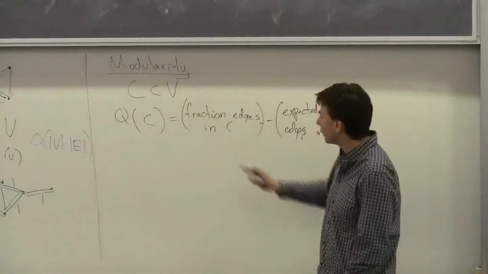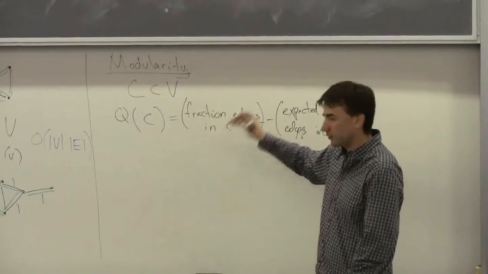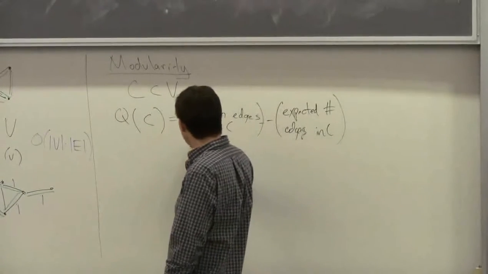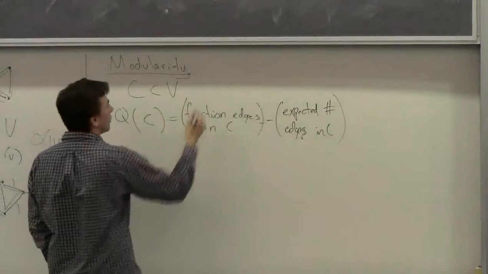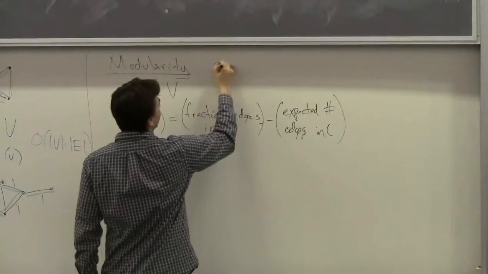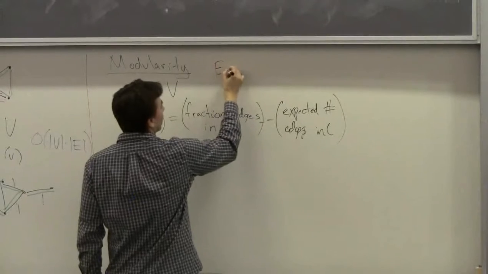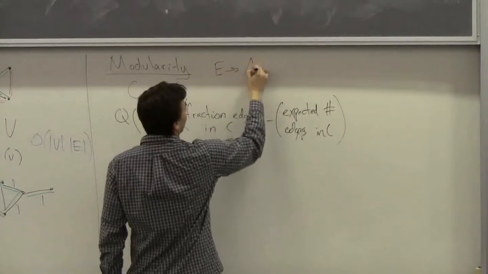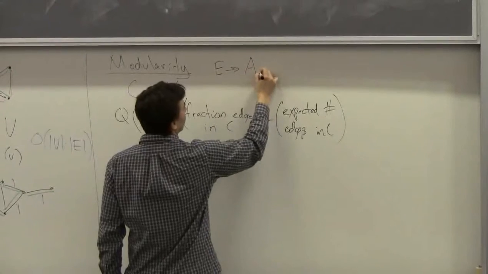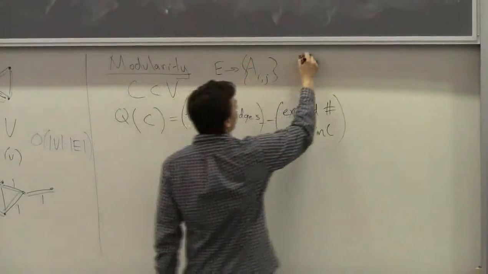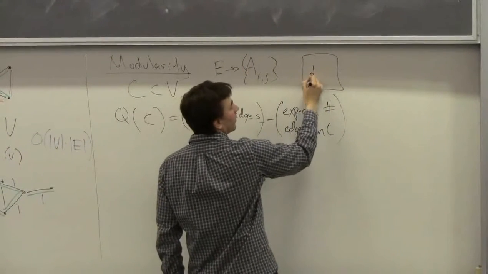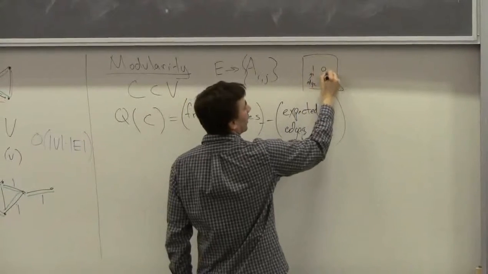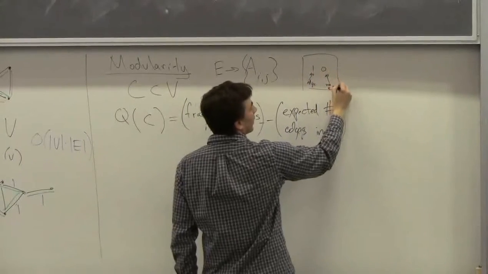Okay, so how do we define the fraction of edges in C? We'll think of representing this edge set in this adjacency matrix, right? Where we had this matrix before, and there's a 1 if there is an edge, and there's a 0 if there's no edge.